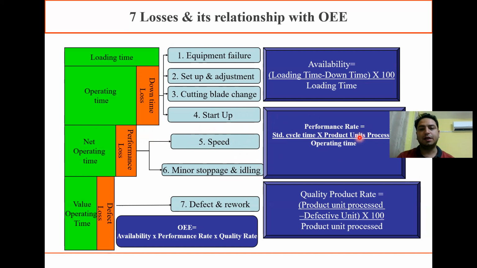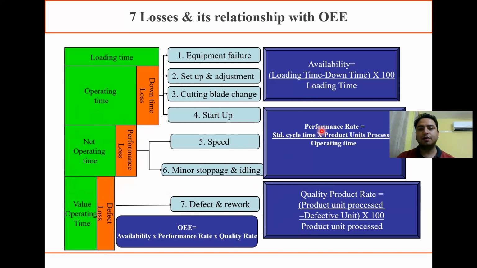That covers the performance rate, and for the rest of the valuable time in which we are processing parts or product, there are some defects or reworks that are also accounted for. As said earlier, suppose we have processed 100 parts and there are 10 defectives. So 100 minus 10 divided by 100, then 90% will be the quality product rate.